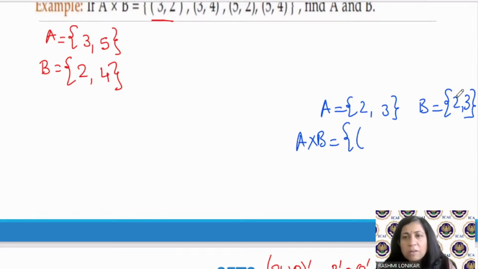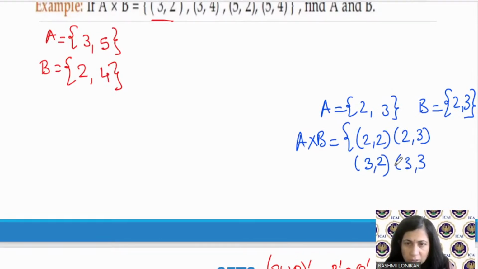First element of A with first element of B, first element with second element of B. So this is 2, 2, 2, 3, and then the second element of A with each element of B. So 3, 2, and 3, 3. Okay. This is the cross. This is a Cartesian product. That is different. And when I'm writing union or intersection, that is different. Okay. Yes, I hope you've understood.